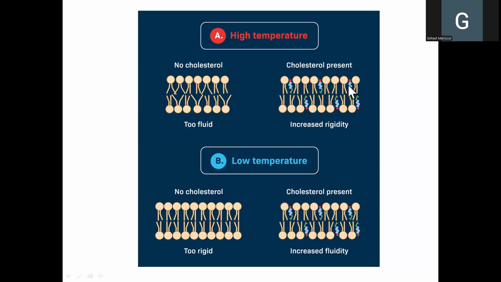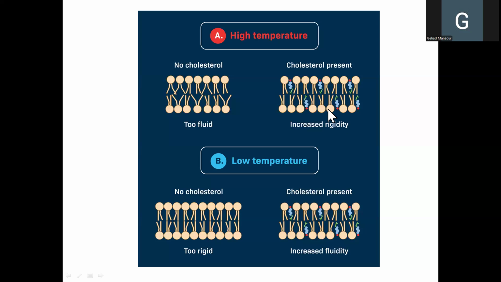In the past, we used to say that cholesterol diminishes the fluidity of the cell membrane and helps diminish this side to side sliding of the layers of the phospholipids over each other.